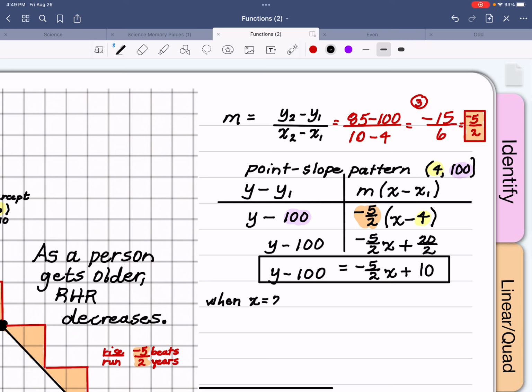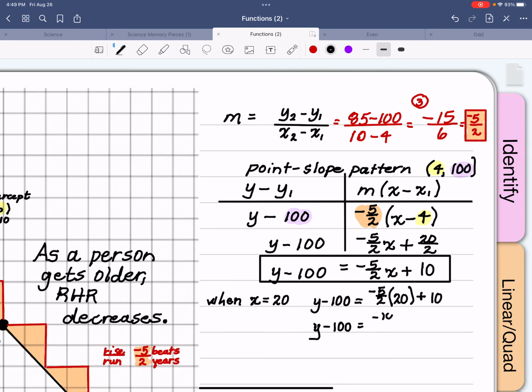So when age is 20, what would we have? Well, we would have y minus 100 equals negative 5 halves times 20 plus 10. So I would have y minus 100 equals negative 100 over 2 plus 10.